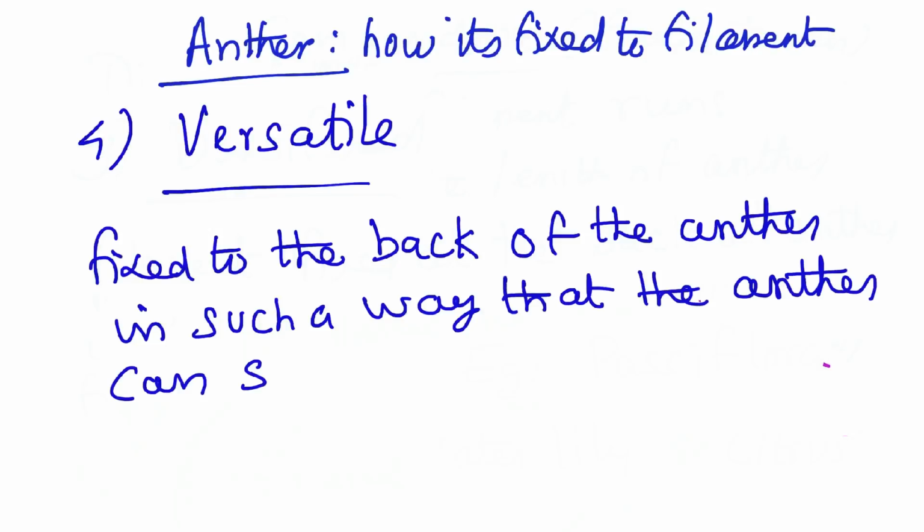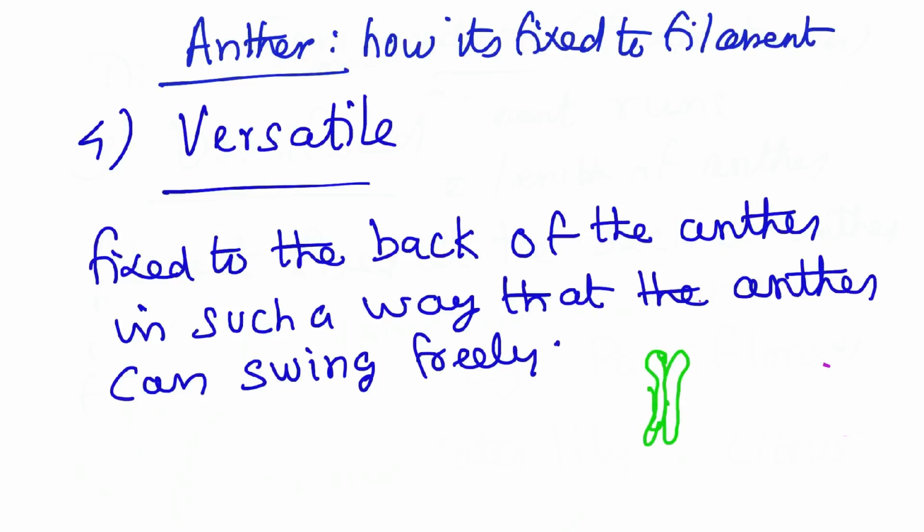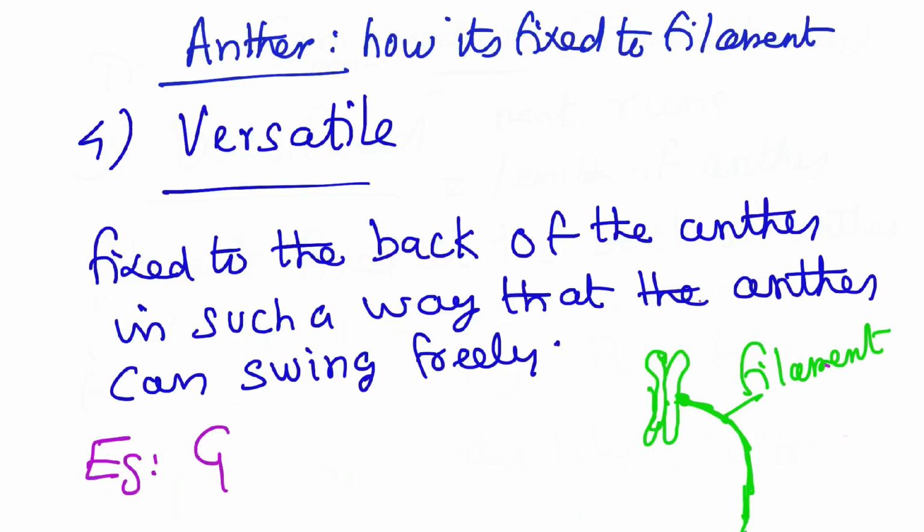So it's fixed to the back of the anther as in the previous case, but this fixing has developed in such a manner that the anther can swing freely. So we are looking at an adaptation which could point towards a better means of pollination. That's the case with versatile, and this is a characteristic feature of the grass family.